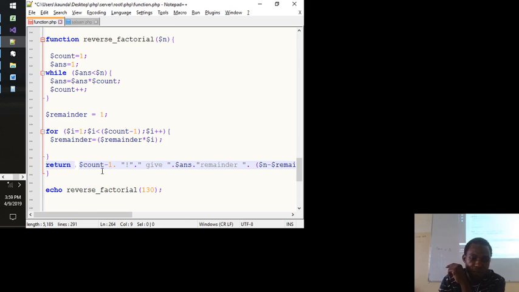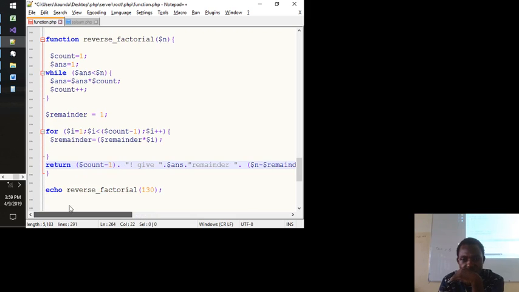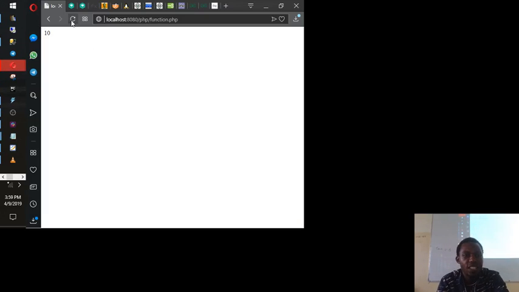This factorial gives, okay, I need to take away this. So this factorial gives this. Remember this. So let's see. 6 factorial gives, that's it.